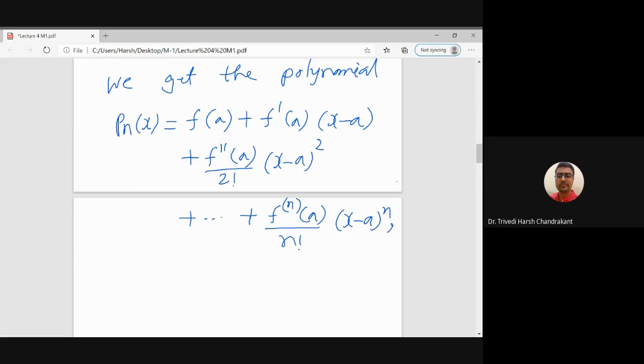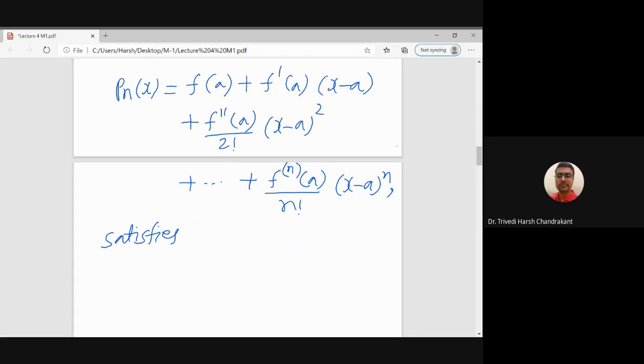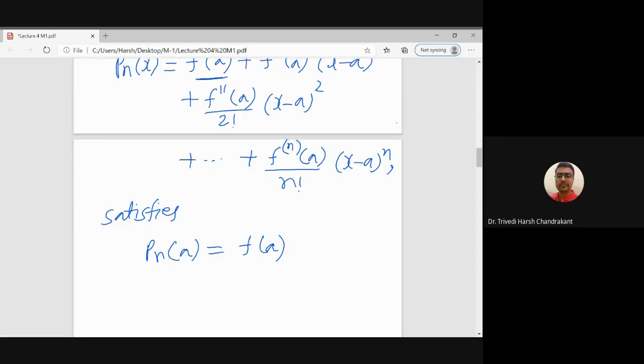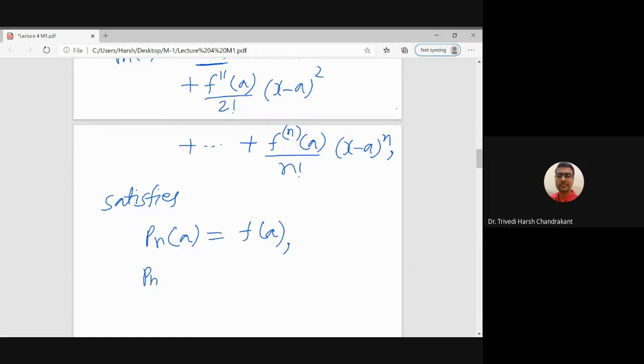And what does this Pn satisfy? When we evaluate Pn at the point x equal to a, all x minus a terms will be 0 because we are substituting x equal to a. Finally we get f of a, only the first term, because other terms involve x minus a. Further, we can differentiate this polynomial k times, and if we evaluate at a, we get the kth derivative of f at a.